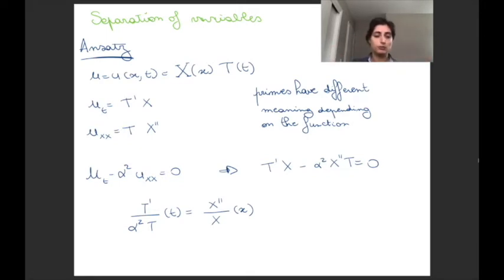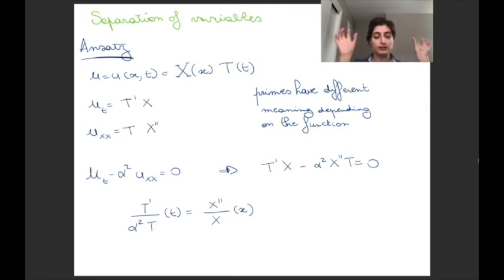And then we do some reshuffling in order to have all the things that depend on time on one side and all the things that depend on x on the other side. So here we have T prime, a function of time, divided by alpha squared, which is a constant, times T, that is also a function of time. All of this being a function of time is equal to X double prime, that is a function of x, divided by X, that is a function of x.